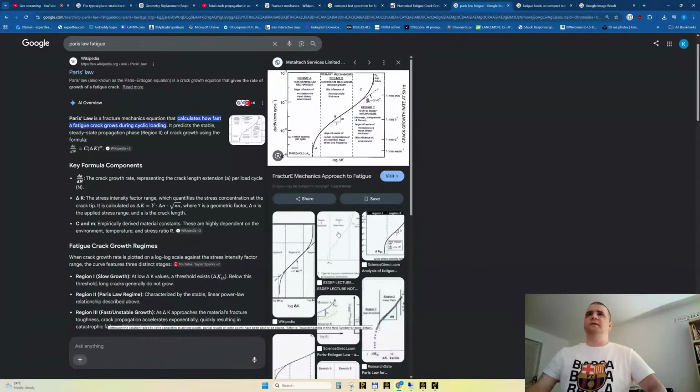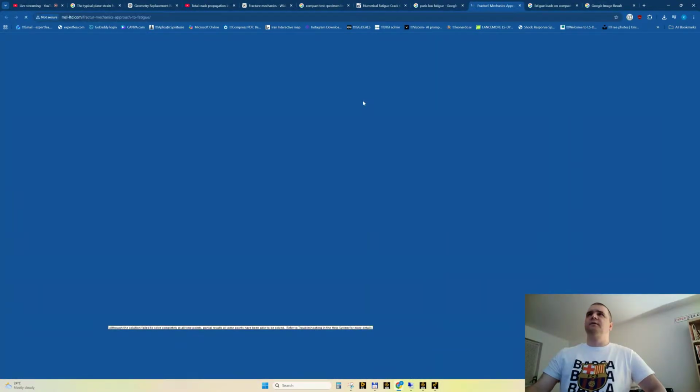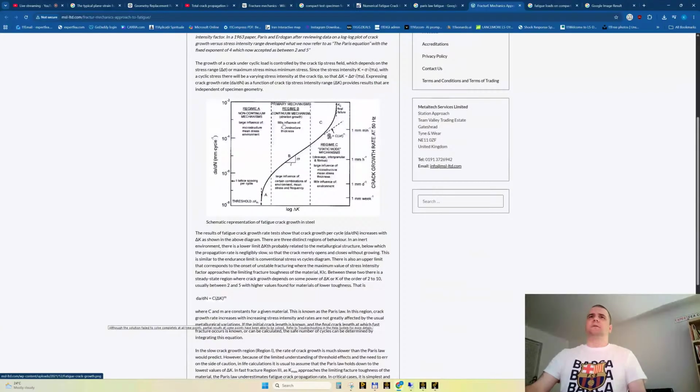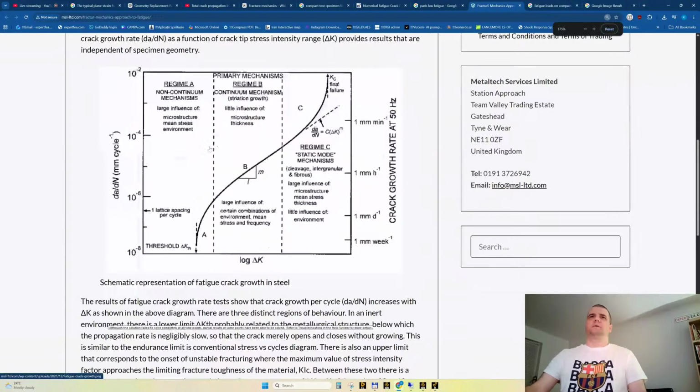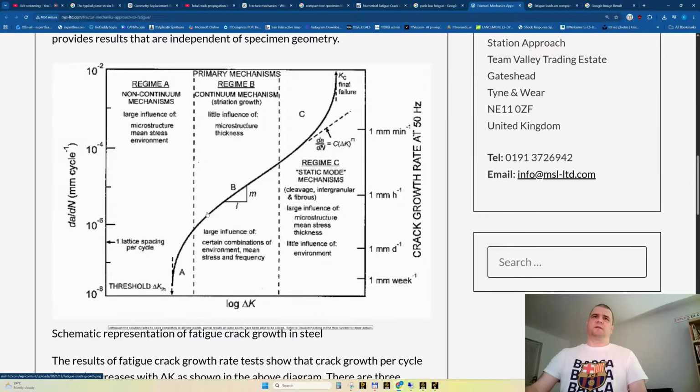Let's see if we have a better image. Yes, I can zoom in. This is what we study normally. We do not study the crack initiation because we have made the notch, yes? We're studying this. When the stress intensity factor exceeds a certain limit, we cannot predict how sudden the catastrophic fracture, the final failure, will be.